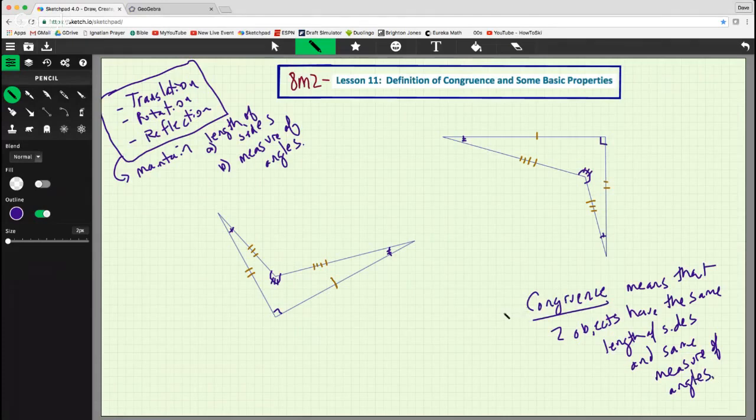And it turns out that two objects are congruent if and only if you can translate, rotate, and reflect one to get to the other.